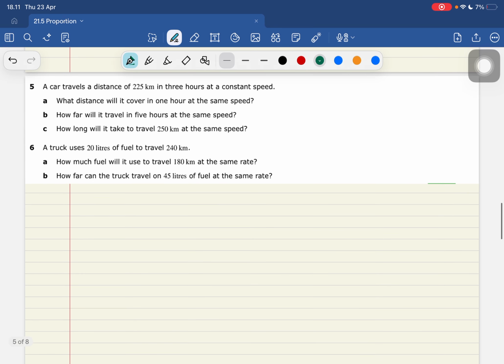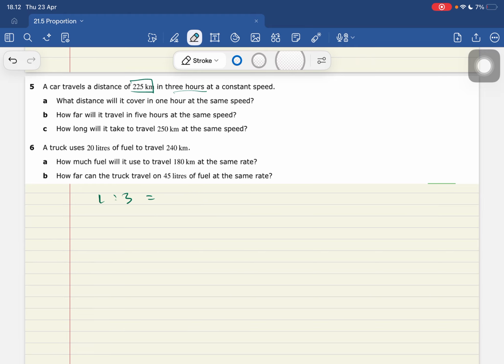Number 5: A car travels a distance of 225 kilometers in 3 hours at a constant speed. What distance did it cover in 1 hour at the same speed? Let x be the unknown.